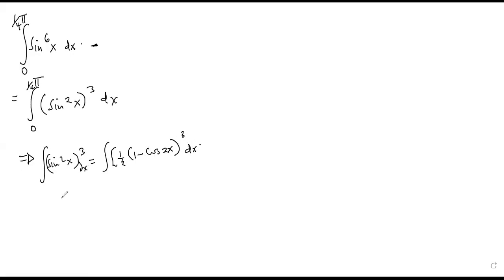When you cube this, we're going to have our thing as the integral. Take time, expand, so it will be 1 minus 3 cos 2x, plus 3 cos squared 2x.